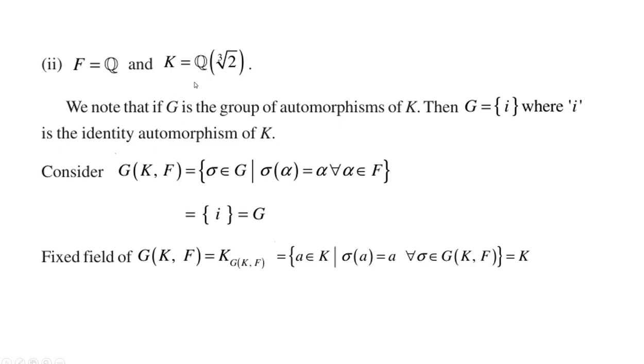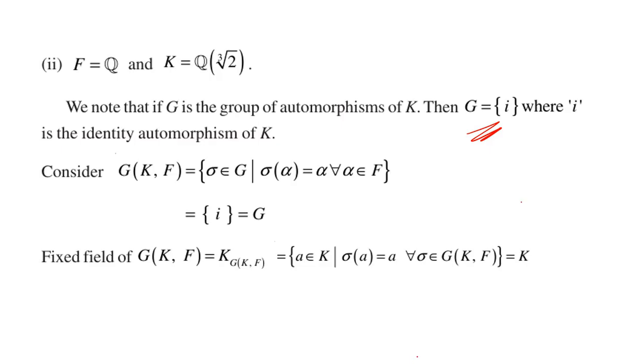There, if Q of cube root of 2 is considered, the automorphisms are nothing but just the identity automorphism. So that problem is to be referred; we are not going to establish that, it's already explained in one of the videos. So here my G itself consists of only one mapping, namely the identity mapping.